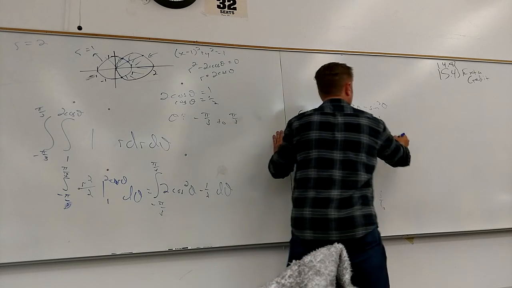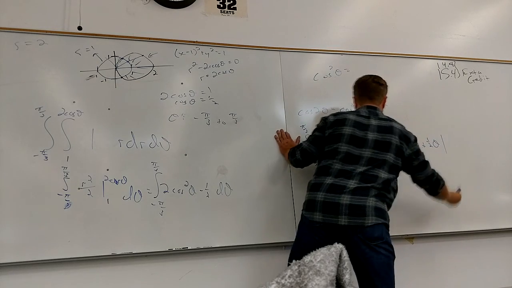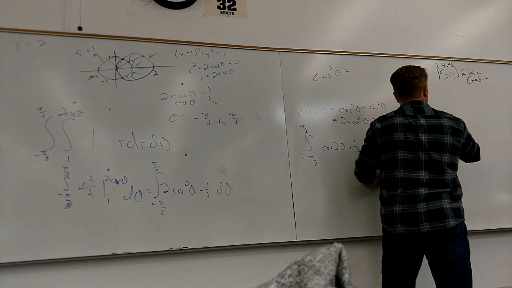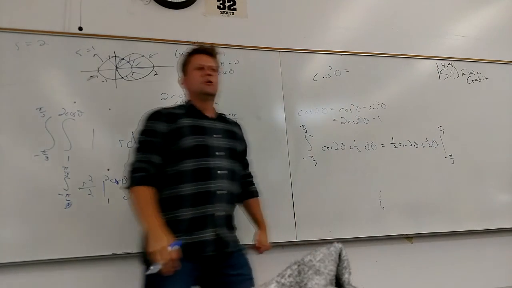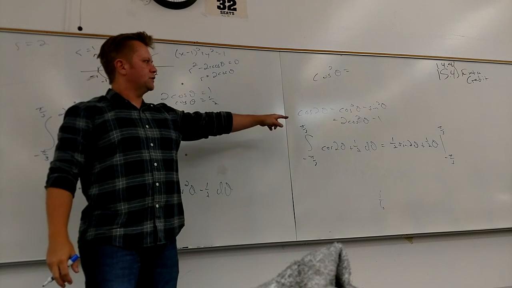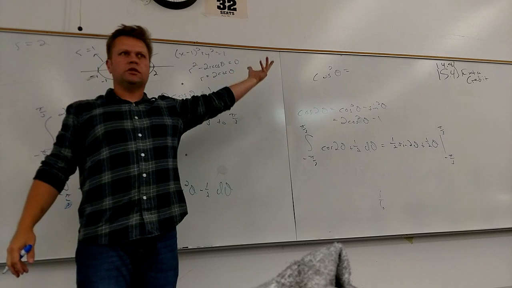So it'll be 1/2 sine 2 theta plus 1/2 theta from negative pi over 3 to pi over 3. And of course, sine of 2 pi over 3. This doesn't really change anything.